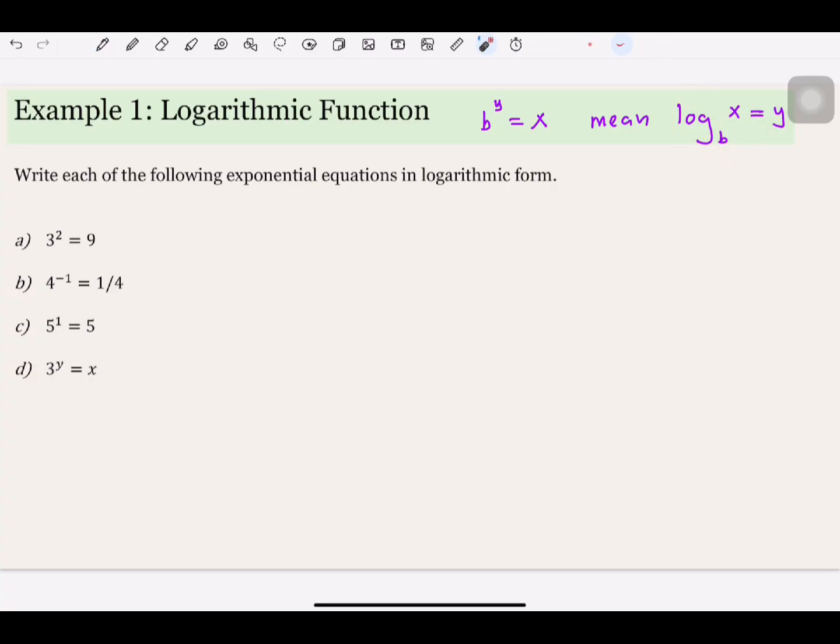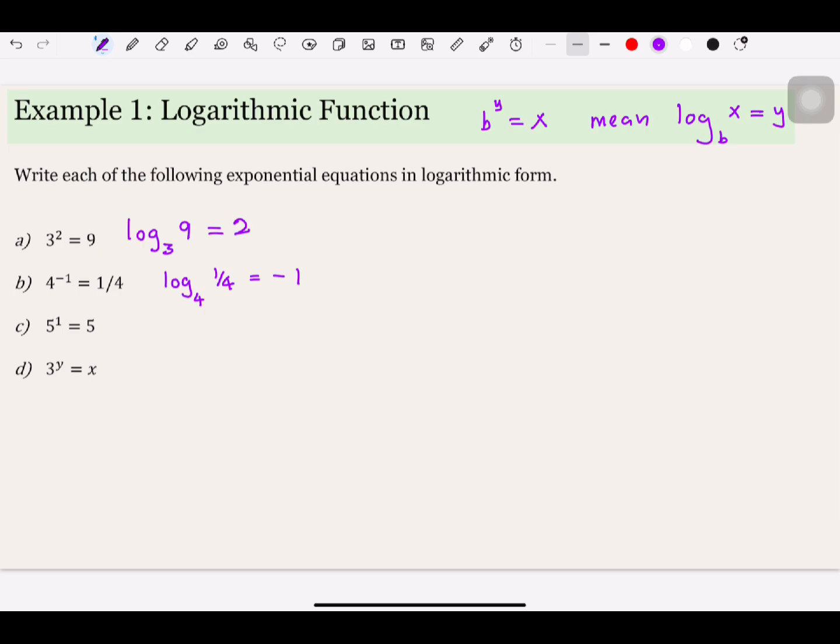In the first example, 3 is the base, 2 is the exponent, and 9 is the output. So you can write this as logarithm with base 3, the output is 9, and the answer is equal to 2. For the next example, you write again log, and here the base is equal to 4, which goes as a subscript, the output is 1/4 and the exponent is -1.